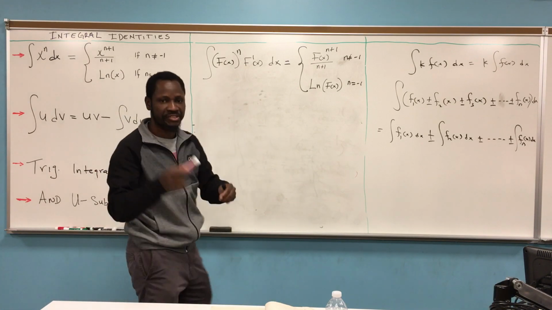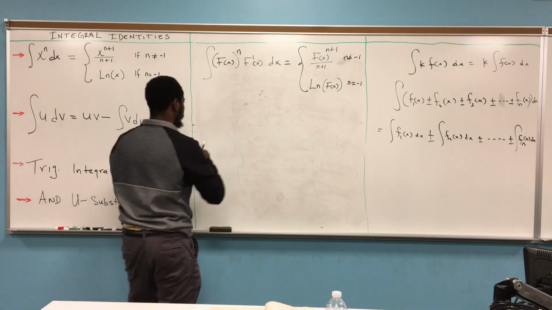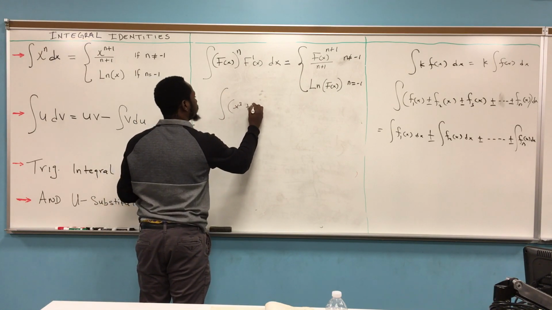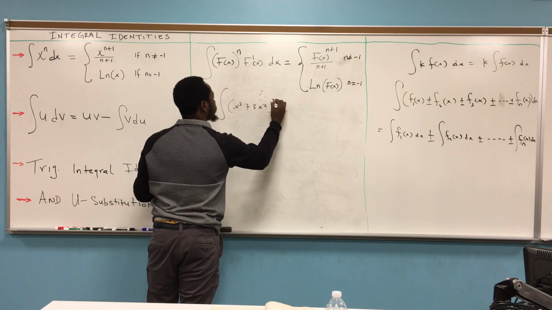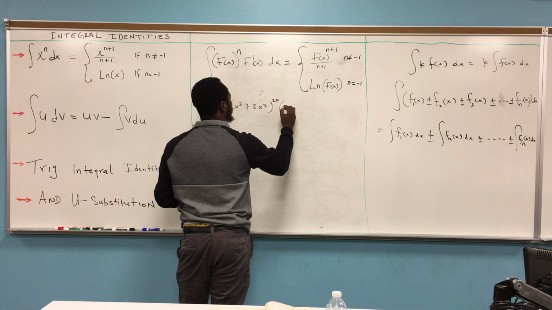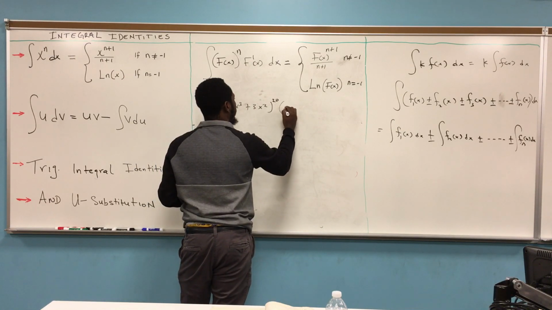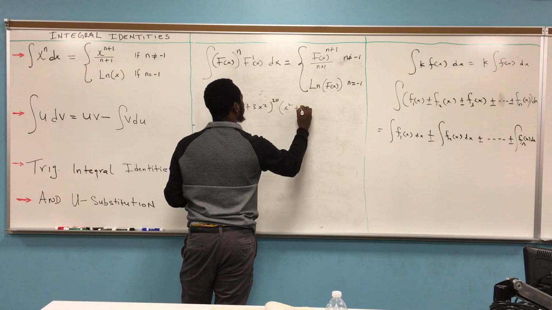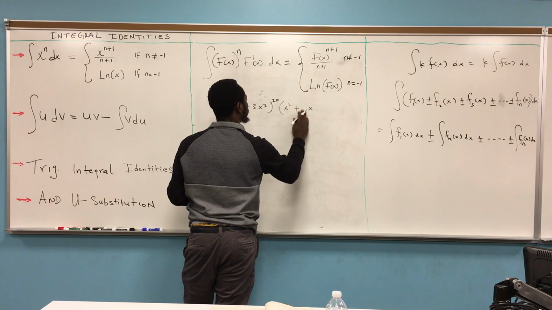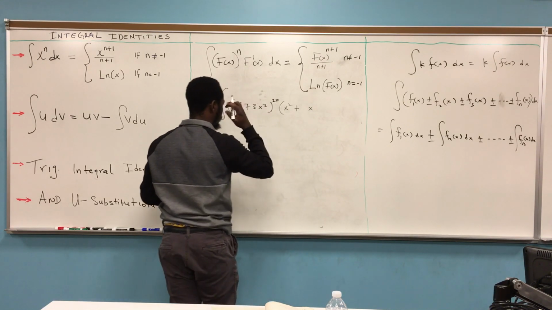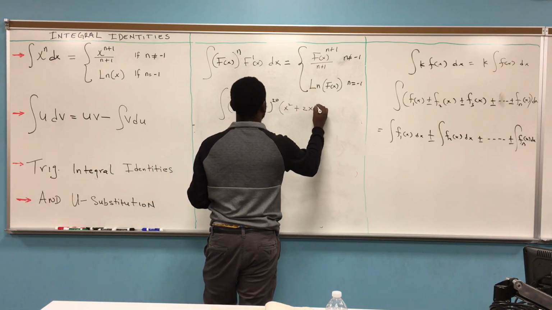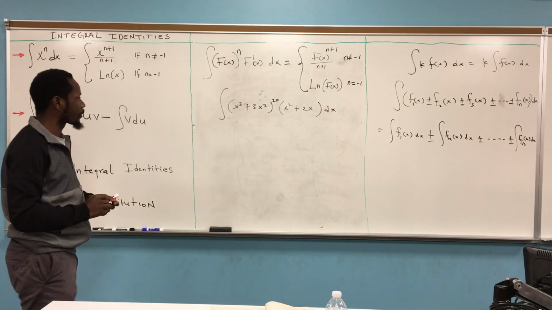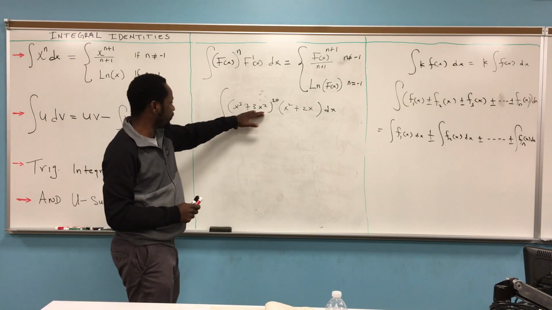Let's solve that question we just solved again. We have integral x cubed plus 3x squared to the 20 multiplied by x squared plus 2x dx. Find the derivative of this.